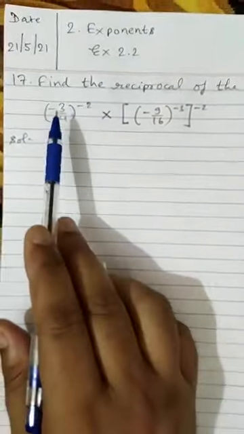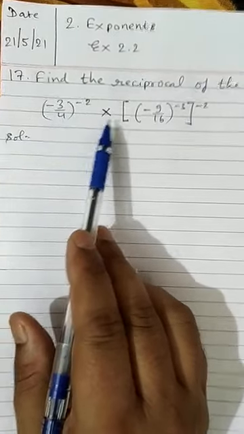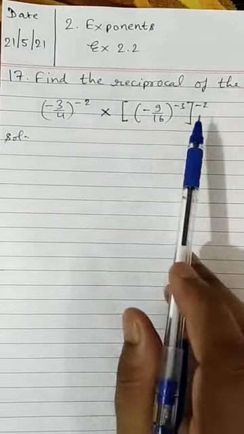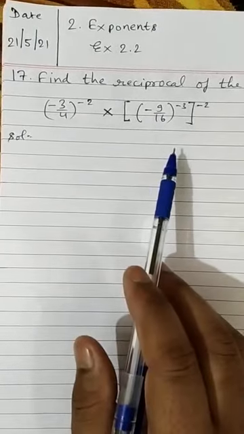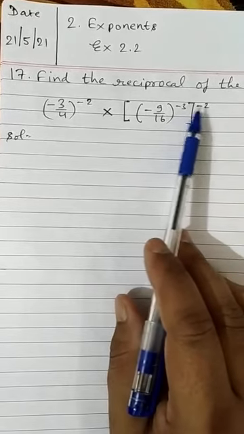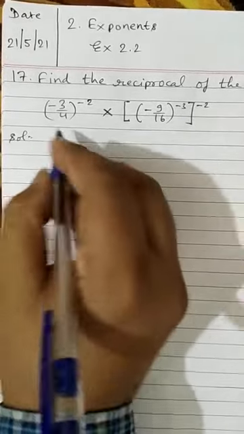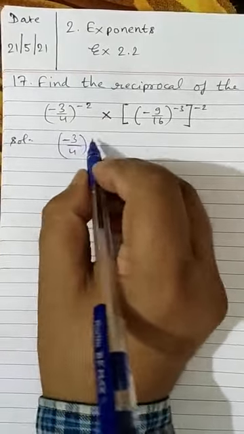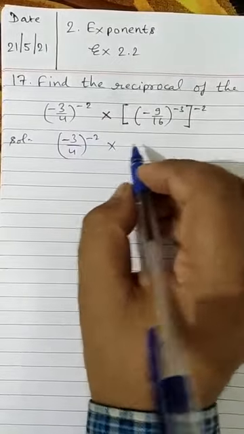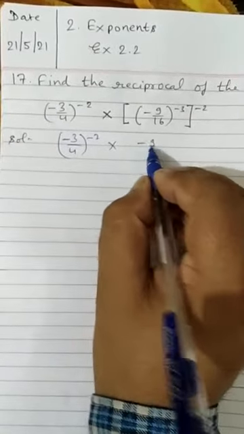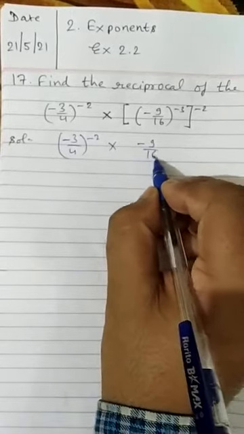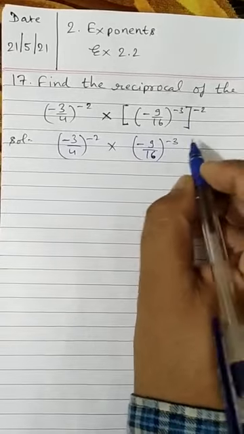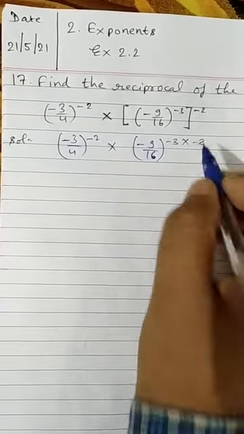Find the reciprocal of (-3/4)^-2 multiplied by (-9/16)^-3, all over that to the power -2. First we will multiply these two powers according to the law. (-3/4)^-2 will be as it is, and (-9/16), this big bracket will be solved on multiplying the powers.